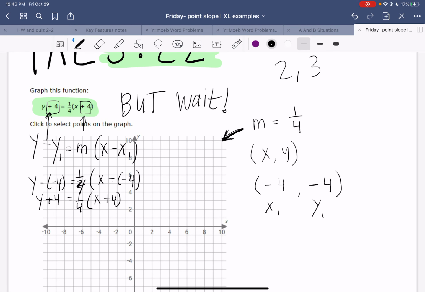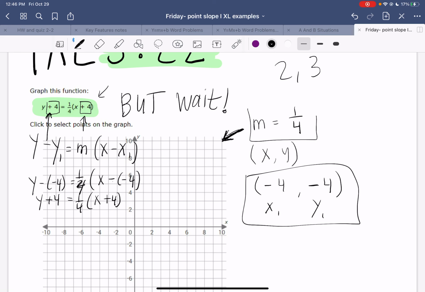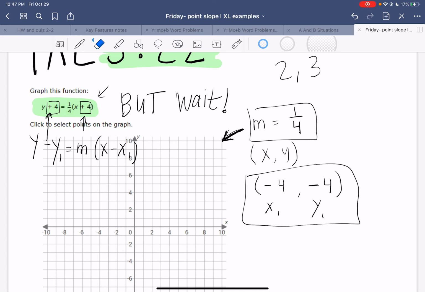So now, what we need to do is take our coordinate pair and our slope and make a line. So I'm going to have to erase this to have room. So we have one coordinate pair that's at -4, -4. So this is this point here.